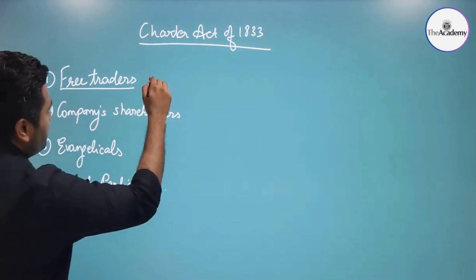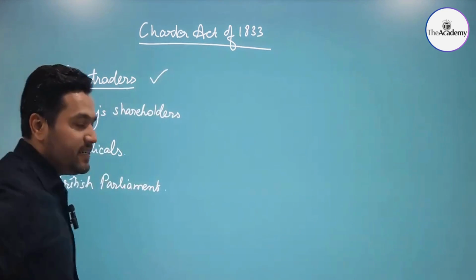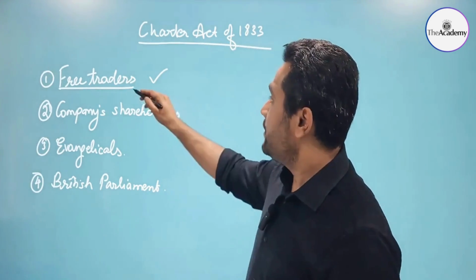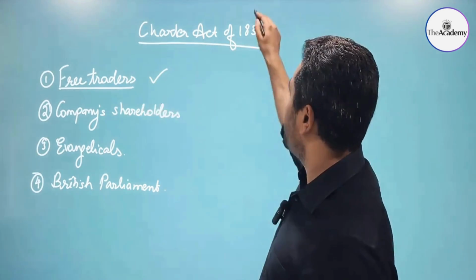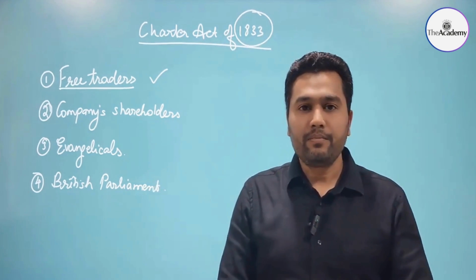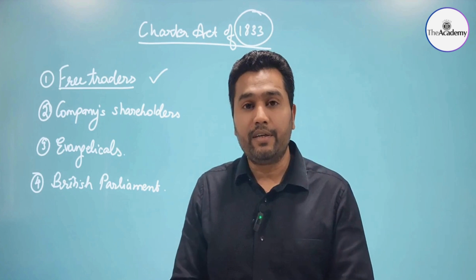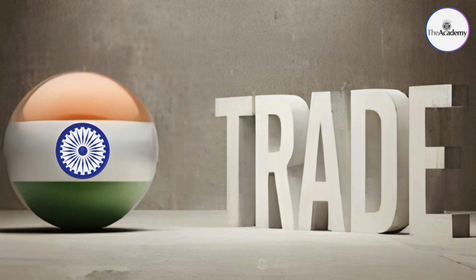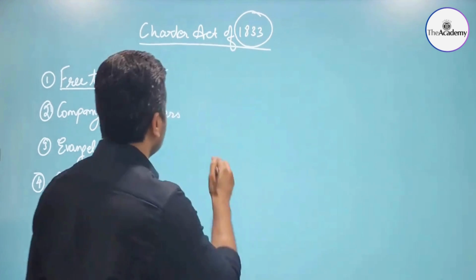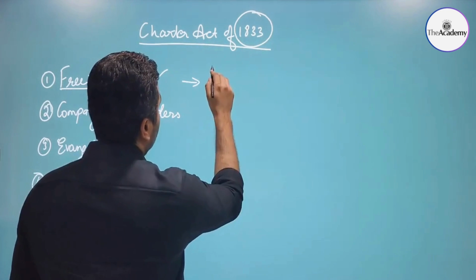Now, these free traders who had not gained much during the Charter Act of 1813 gained massively in the Charter Act of 1833. The free traders in the Charter Act of 1833 were allowed to trade in India. That is, all forms of restrictions were removed.